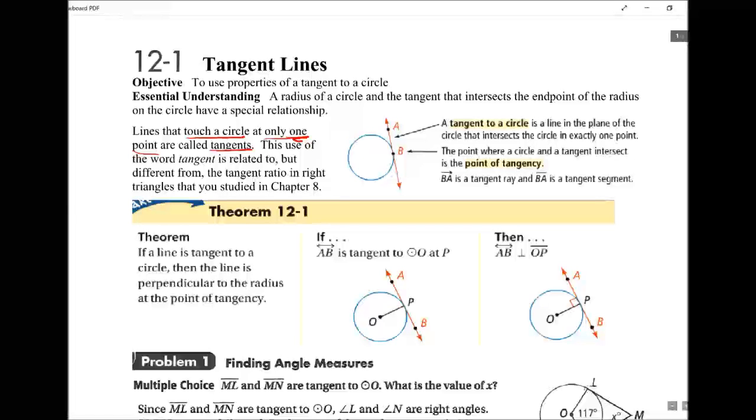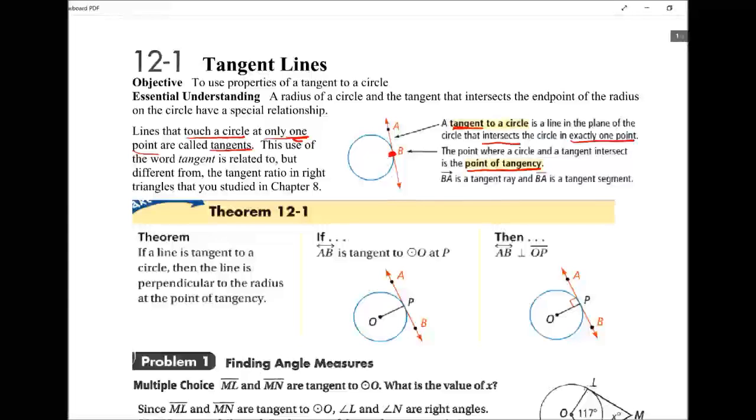So, a tangent to a circle is a line in the plane here, line AB, that intersects the circle at exactly one point. The point where they intersect, right here, is called the point of tangency. That one should be pretty easy to remember.